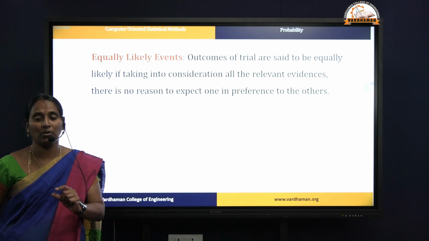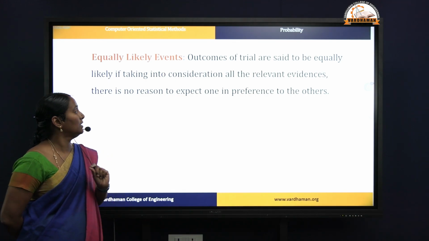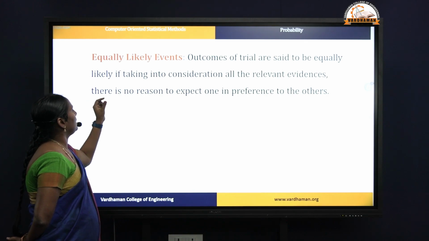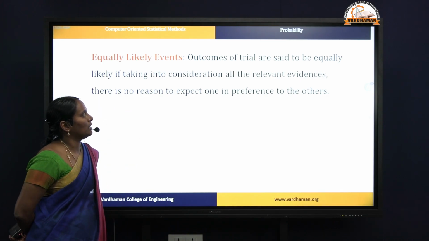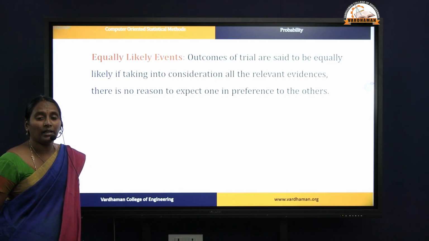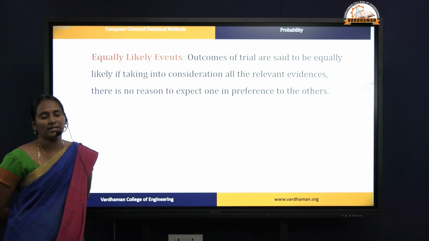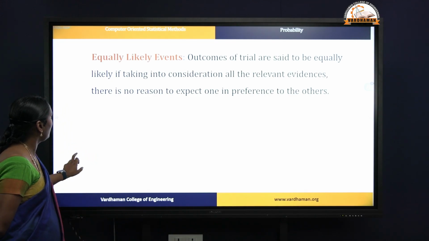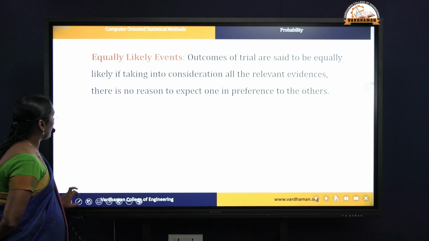This is what we call equally likely events. The outcomes of the trial are said to be equally likely if, taking into consideration all the relevant evidence, each and every event has an equal chance to enter into the sample space.